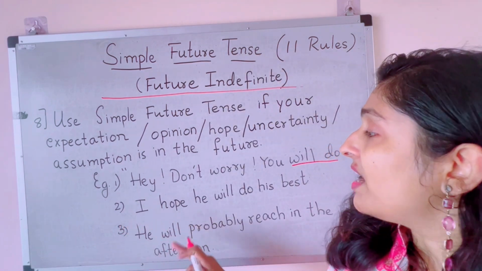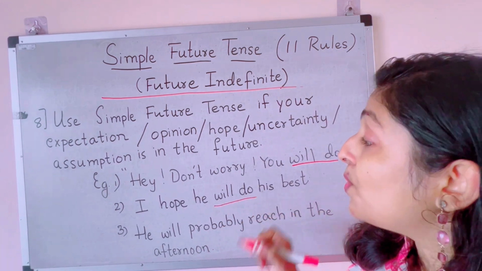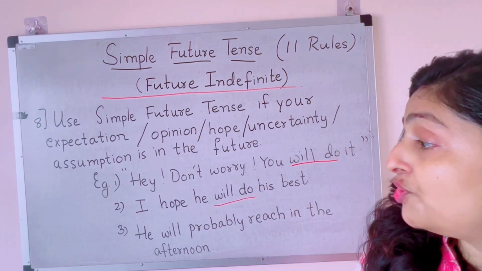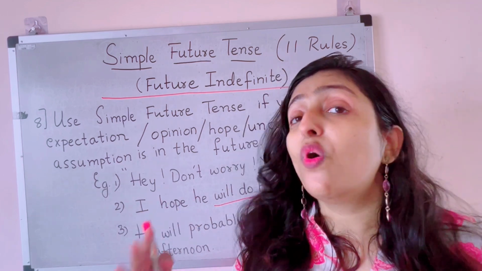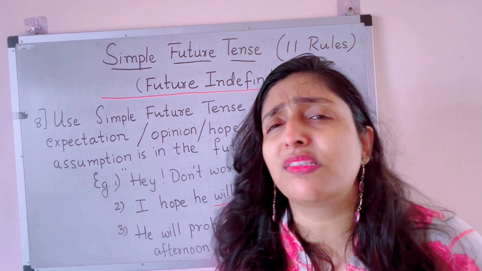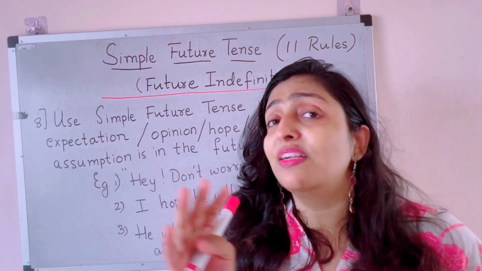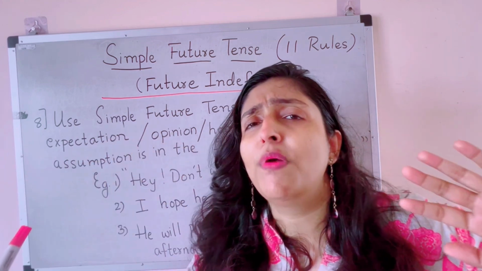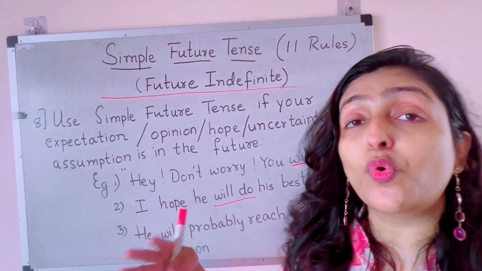Second is, I hope that he will do his best. Will do is in simple future tense. So that is also an anticipation. You are wishing the best for someone. I hope, I guess. Usually we use will or shall with constructions like I hope, I guess. Okay, I hope he'll do his best.